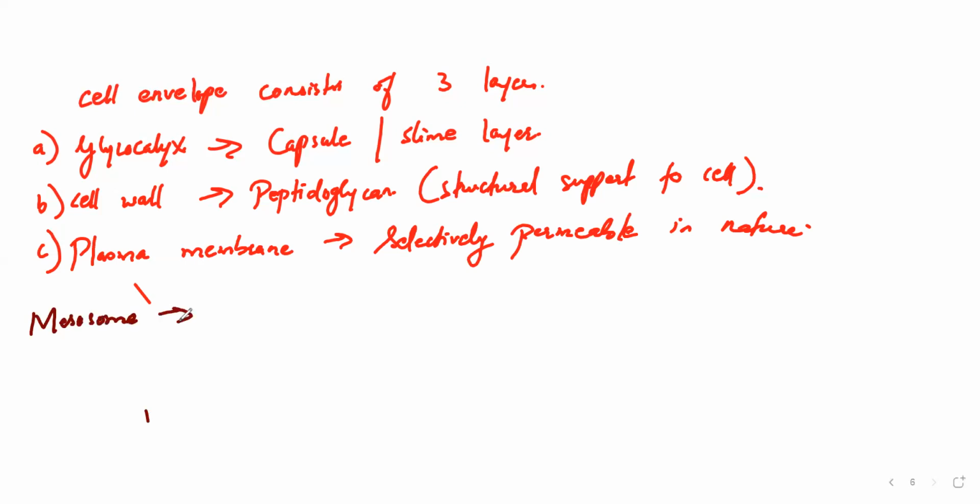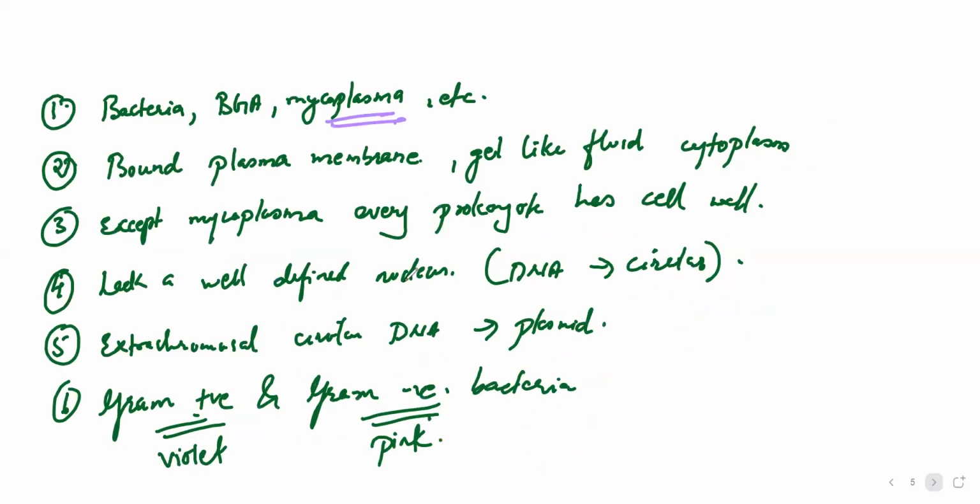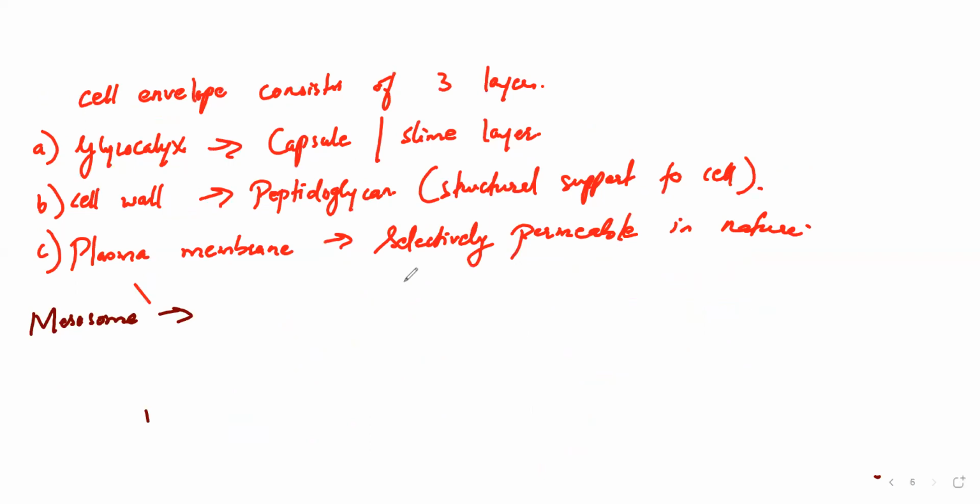So mesosome in the diagram itself here, I showed you this thing. The small vesicles or extensions, you can say, inside the cell from the plasma membrane is nothing but the mesosome. So what is a mesosome?